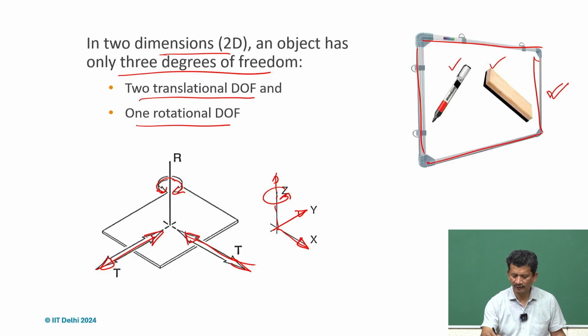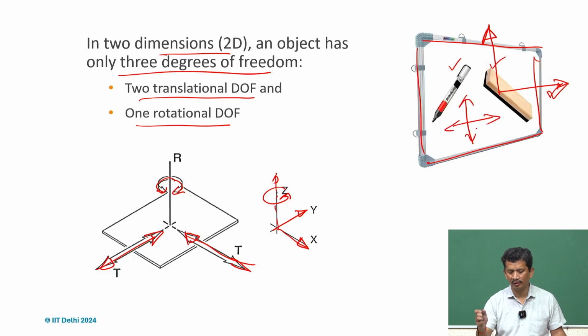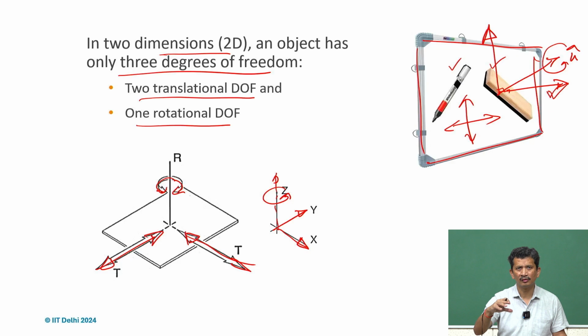Here we can define 2 axes, x axis and y axis. This duster can move in the plane along x and y, it can go anywhere, but at the same time it can also rotate. This is the axis perpendicular to the plane, and it can rotate about it as well.